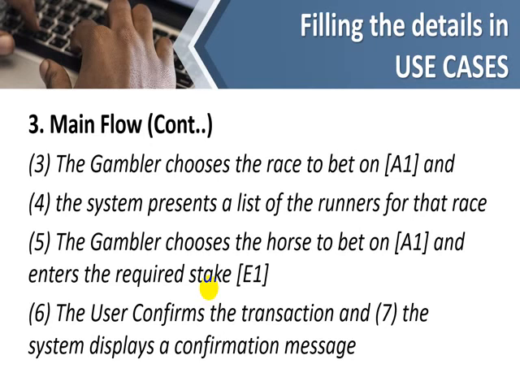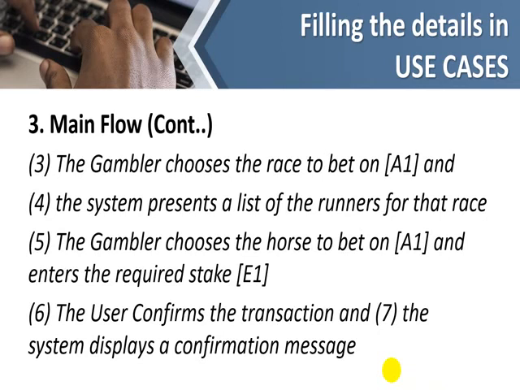And then once he has placed the stake, number six is the user confirms the transaction. He presses OK or submit or save. The system displays a confirmation message. So now look, these steps are showing us the main flow that we wanted the system to do.